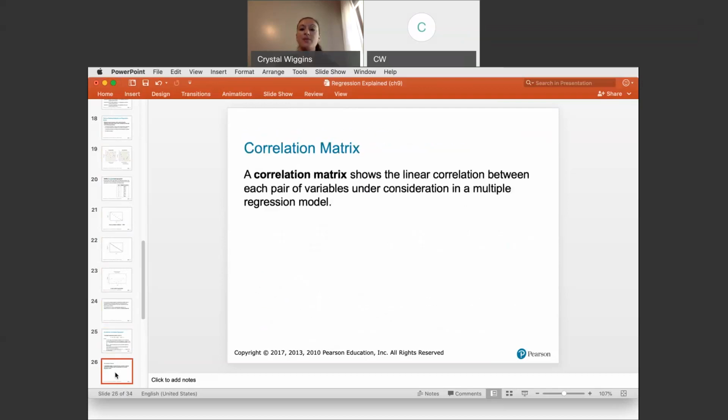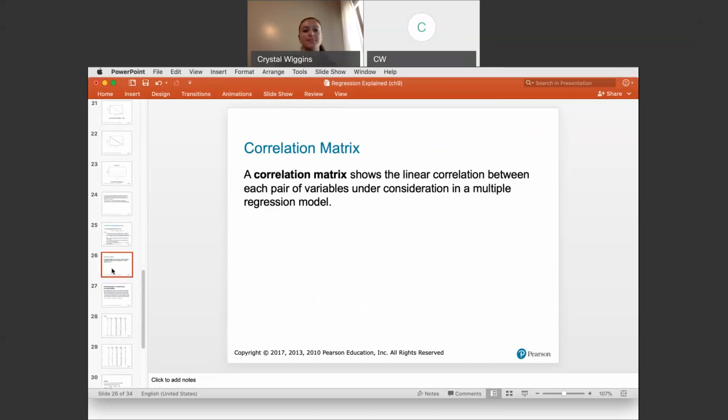To help us find all of those correlation coefficients or slopes in the regression line, you can build what's called a correlation matrix, to show the linear correlation between each pair of variables under consideration in a multiple regression model.